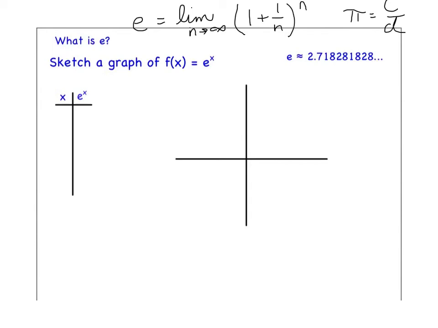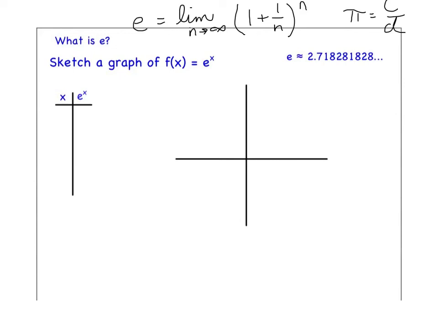So as both n's go to infinity, you approximate this value, 2.718281828. So to sketch the graph of f of x equals e to the x, you would actually be doing the graph of 2.71828 to the x power. So it's going to look very similar to 2 to the x.